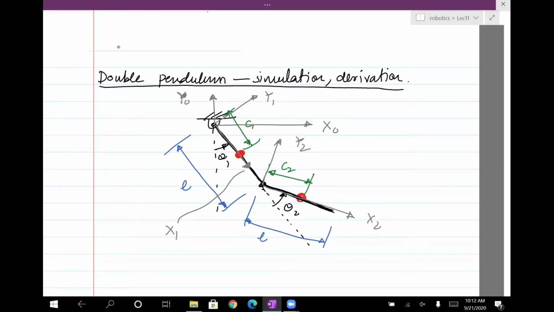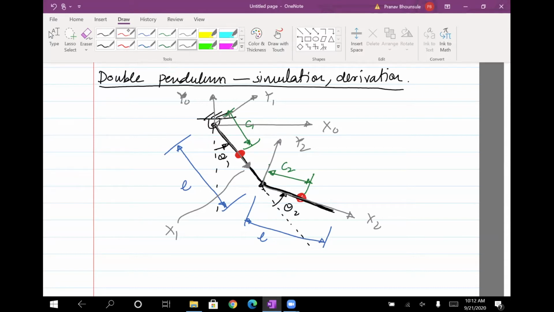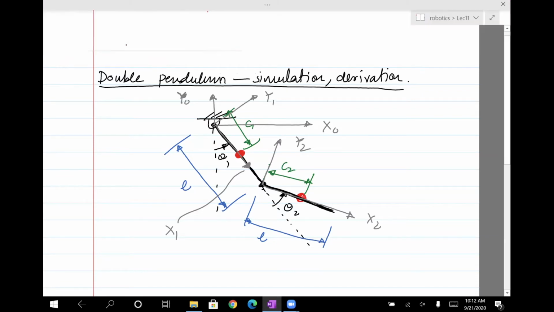And let me name the points as P and Q. This is P, this is O. Let's call this point as Q.